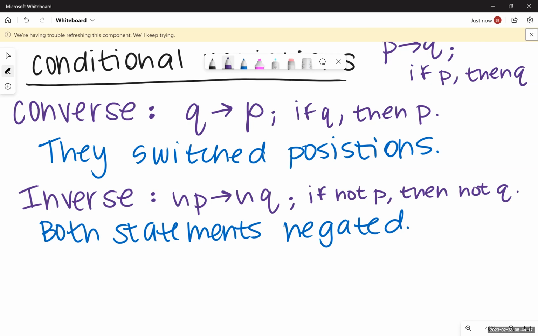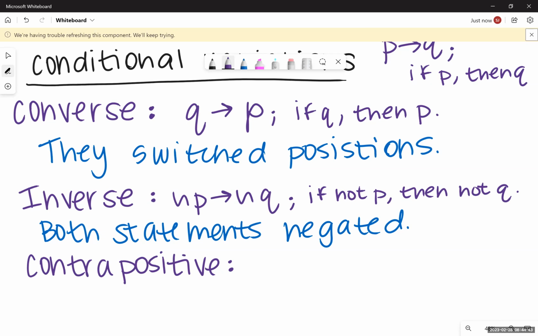Okay, and then the last one, as far as the variations are concerned, is a contrapositive. And I have a very untechnical way of remembering this one. I know that there's an actual technical mathematical way that my professors in school would have been proud of me for, and I don't know that way.